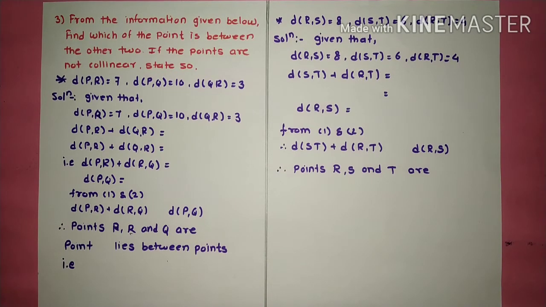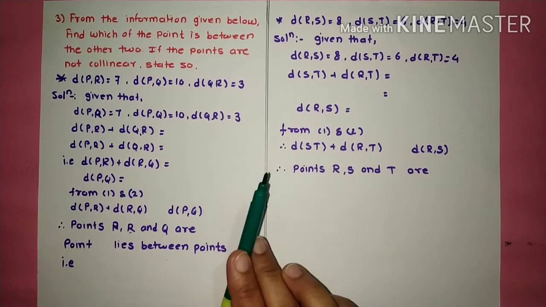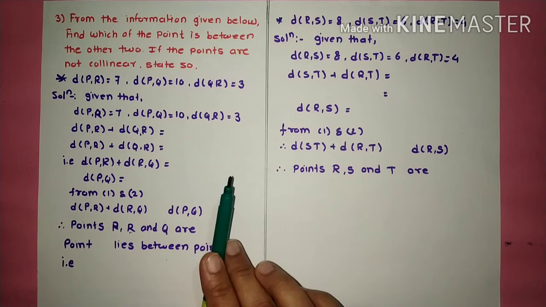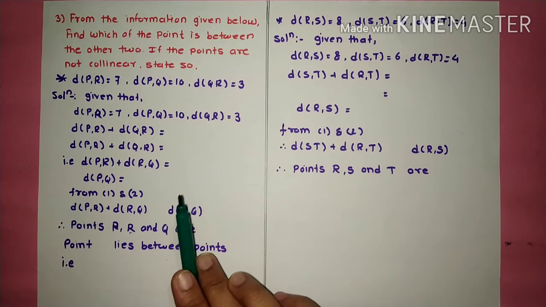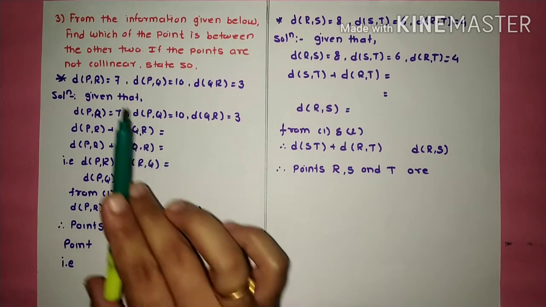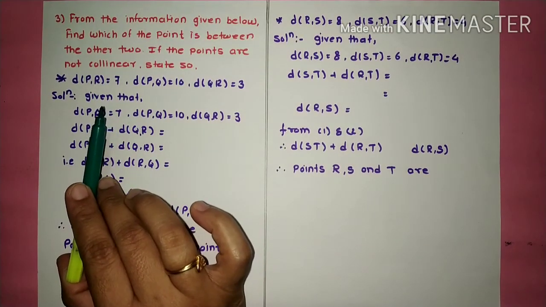Addition and subtraction is only possible if the points are collinear. If the points are non-collinear, they do not lie on the line, then we cannot find the exact distance. So now we look into how to identify whether 3 points are collinear or not.